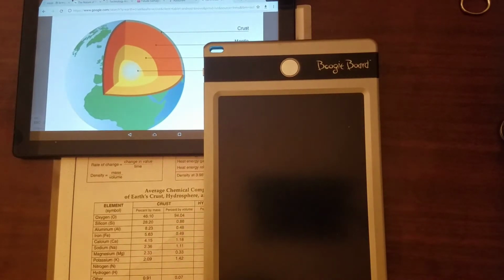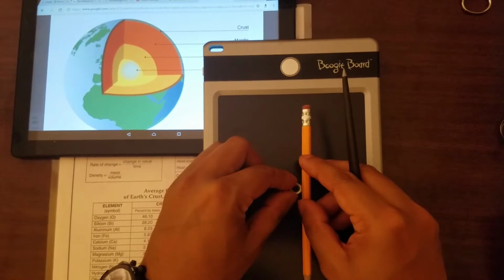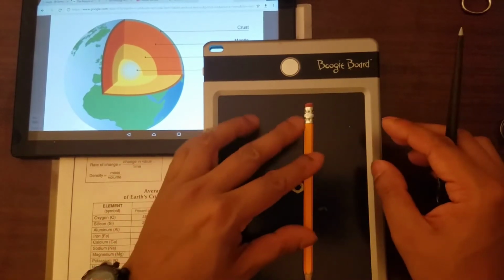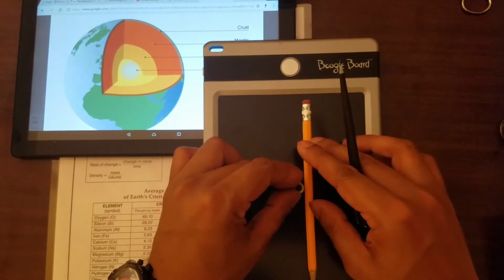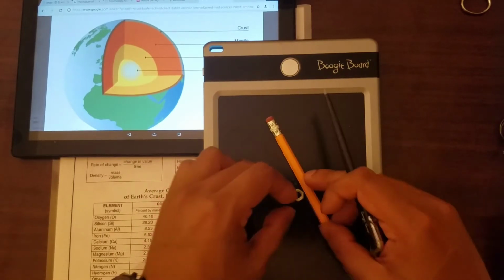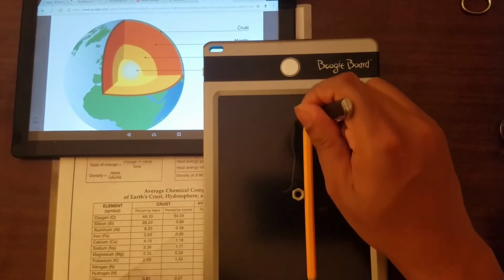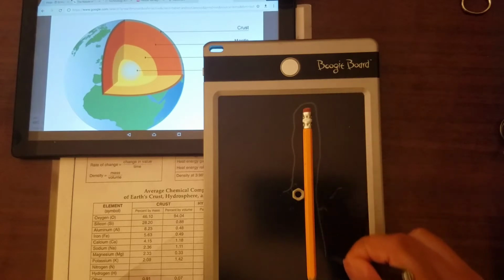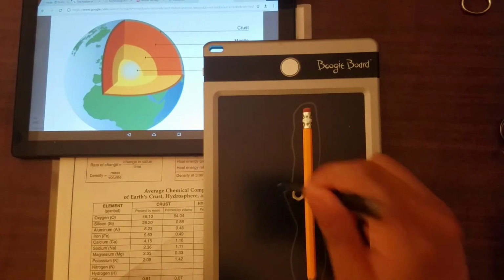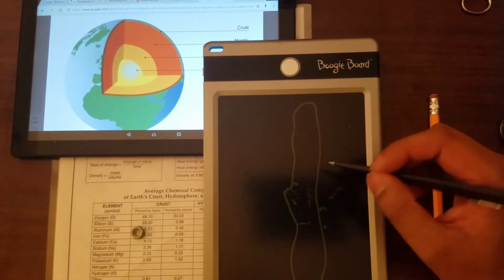First, let's say the Earth's crust is made of these two things, a pencil and a nut. Let me quickly draw this. So let's say this is our Earth's crust.